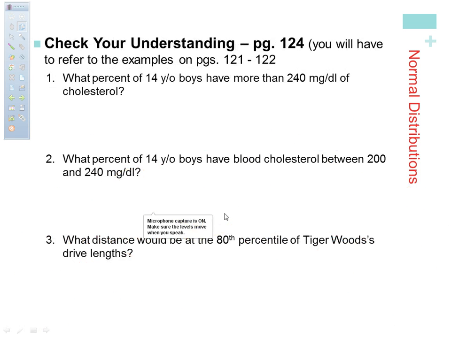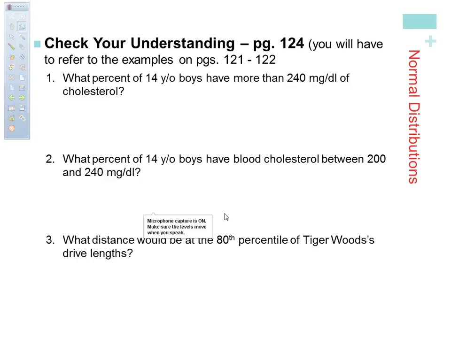There is a check your understanding on page 124. You have to refer to the examples on pages 121 and 122. It talks about the cholesterol levels of young boys.